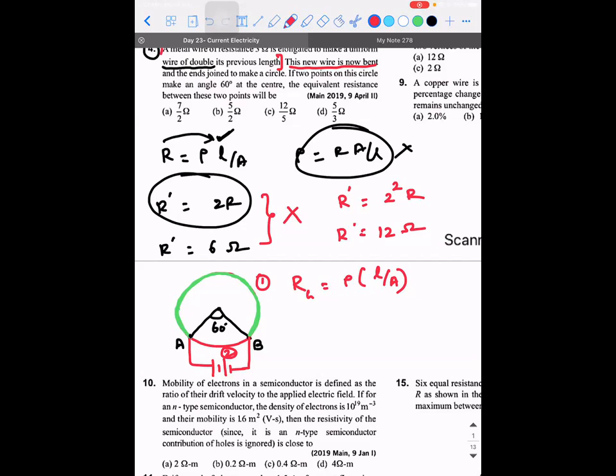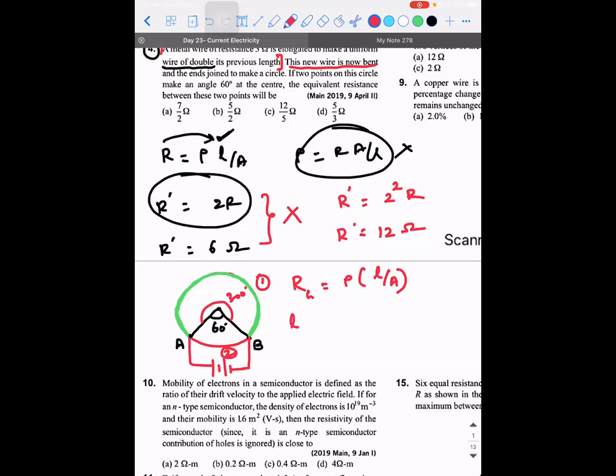Sir, for the green portion, won't the length become 300 by 360 into 12? You're trying to say this is 300 degrees. Okay. The full circle length is 12, sir. So 300 by 360 into 12.